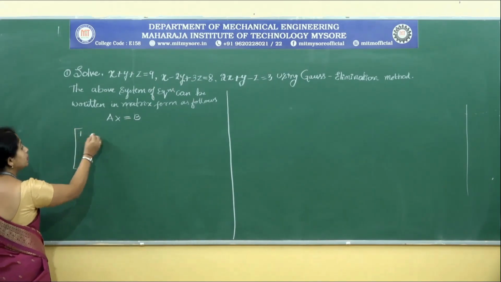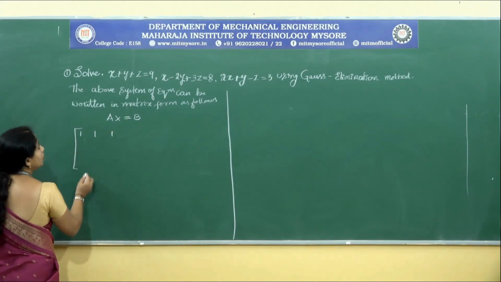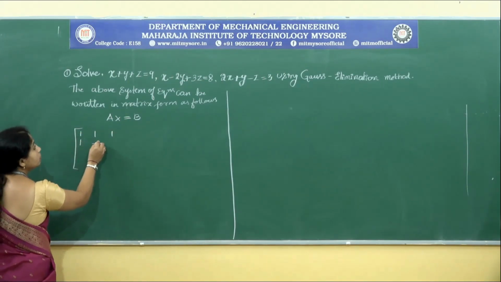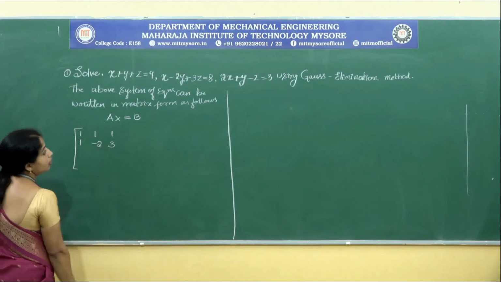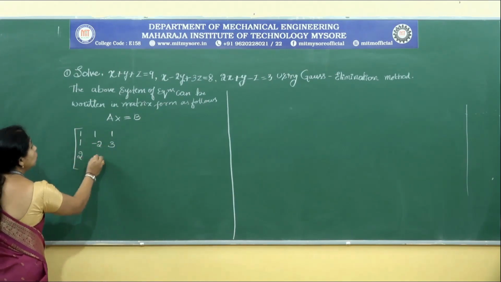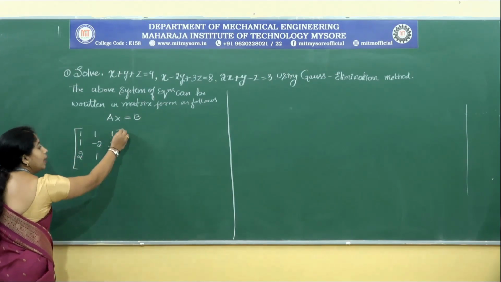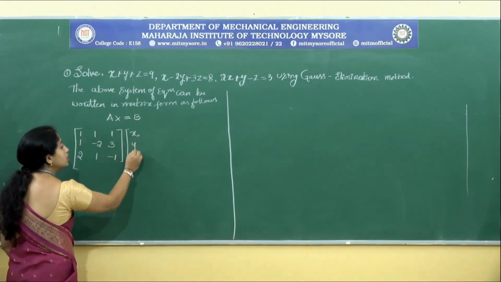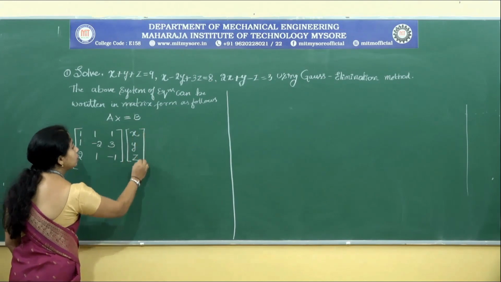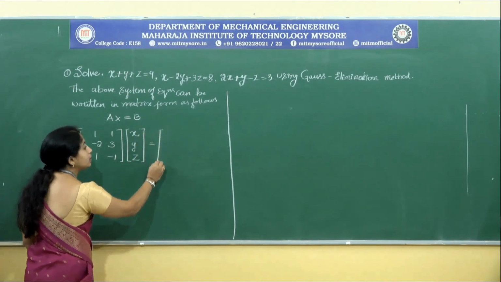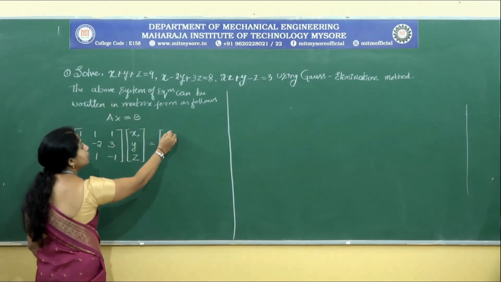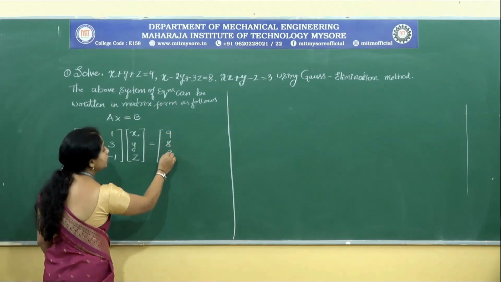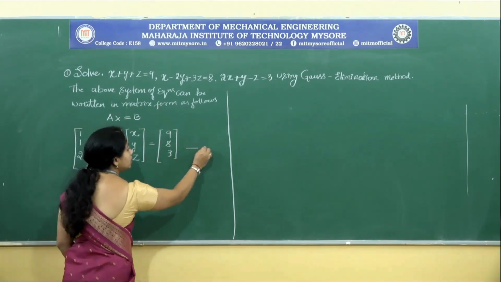Here the coefficient matrix is 1, 1, 1, then 1, minus 2, 3. The last equation is 2, 1, minus 1, into the matrix of unknowns. There are three unknowns, that is x, y, z, equals the matrix of constants, which is 9, 8, 3. Consider this as 1.